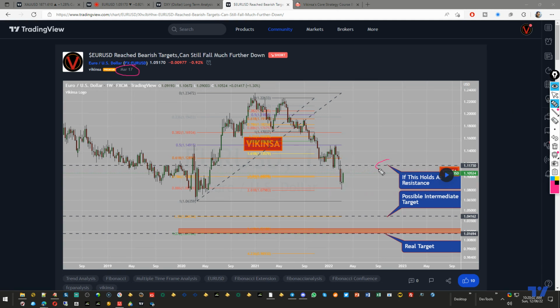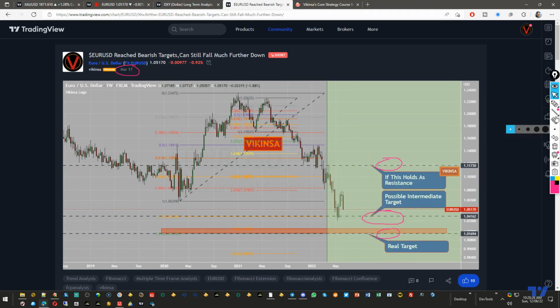I said if 1.1173 becomes a resistance, then most probably the intermediate target is going to be 1.04162, but the real target can be 1.01694. Okay, and this was published on March 17th, and since then this has happened. The market has fallen.